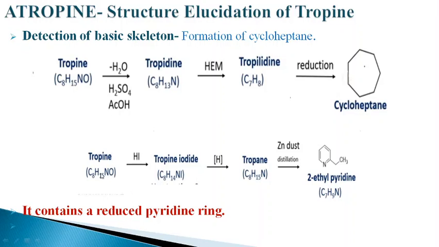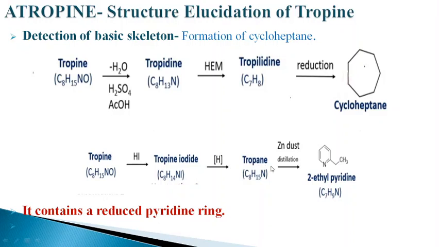The next series of chemical reactions for the detection of the basic skeleton starts with tropine. When reacted with HI, it forms tropine iodide. This means the hydroxyl group present undergoes nucleophilic substitution, removing the OH and replacing it with iodide, resulting in the formation of tropine iodide, C8H14NI.